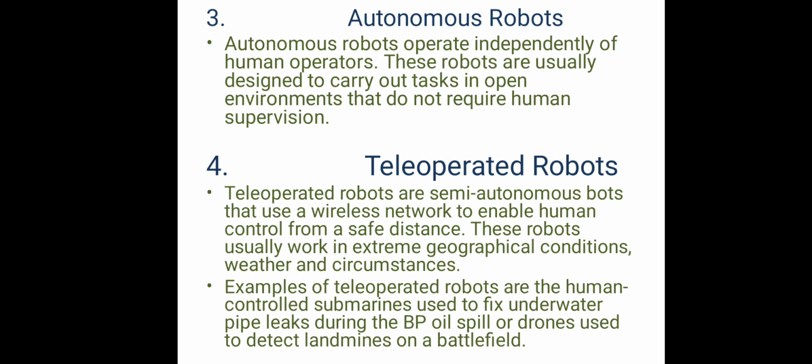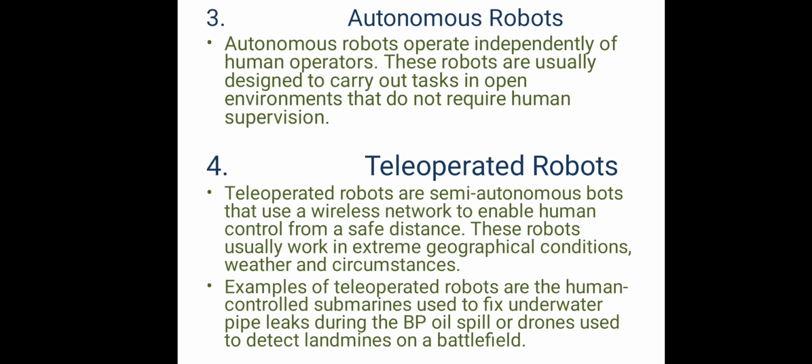Third is autonomous robots, which operate independently of human operators. These robots are usually designed to carry out tasks in an open environment that do not require human supervision. Fourth comes the teleoperated robots.